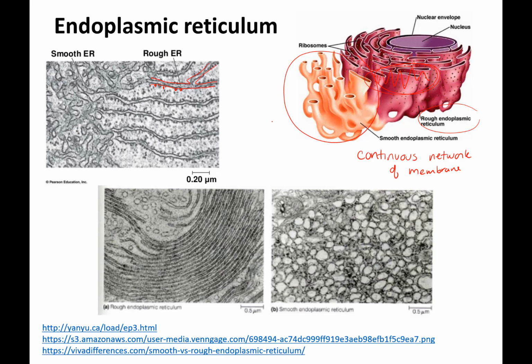And as it forms into the smooth ER, you can see that things look more like tubes, and not this elongated membrane. Remember, the more membrane space you have, the more surface area you have for things to happen.